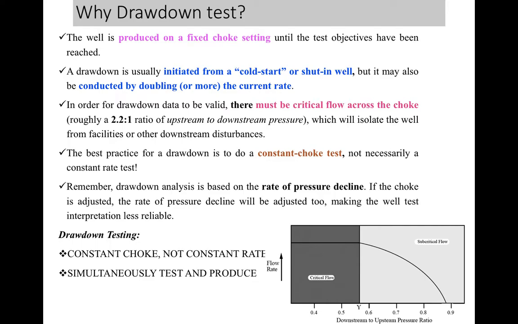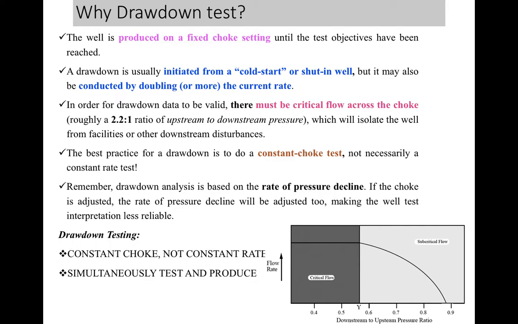Irrespective of the disturbance on the downstream side. Whatever disturbance is taking place on the downstream side, if the downstream to upstream pressure ratio comes around 0.58, then the flow that we are getting will always be constant, right?